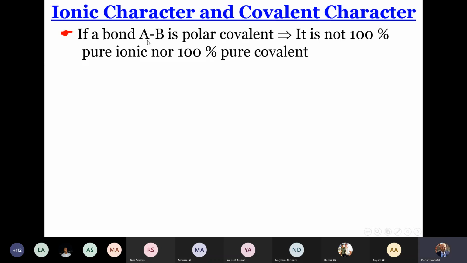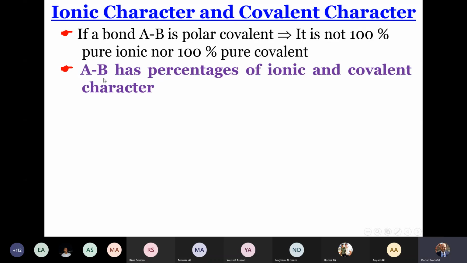If a bond AB is polar covalent, that means this bond is not 100% pure ionic nor 100% pure covalent.